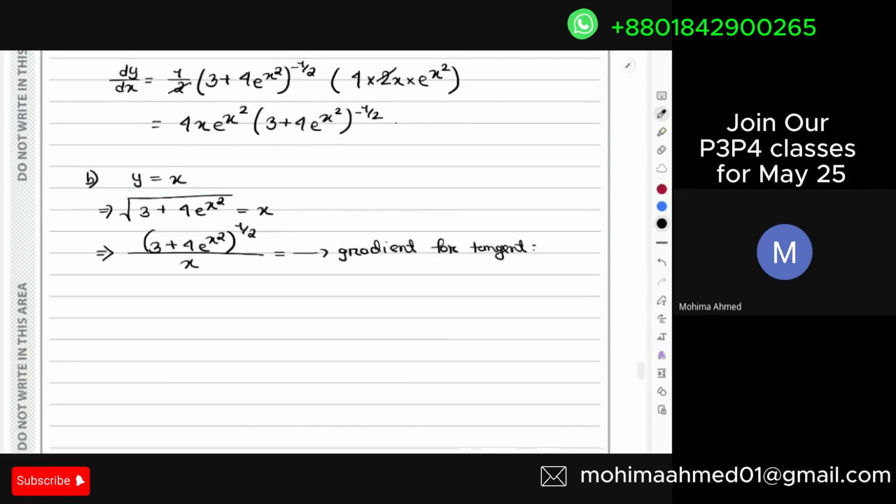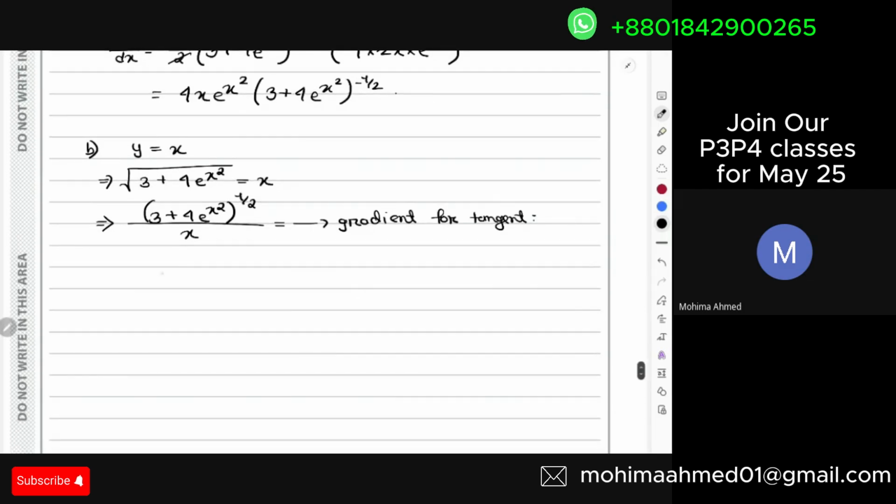They're always the same. So if this is the gradient for the tangent, and dy by dx was 4x e^(x²) times (3 + 4e^(x²)) to the power of negative half, this was the gradient for the curve, right?